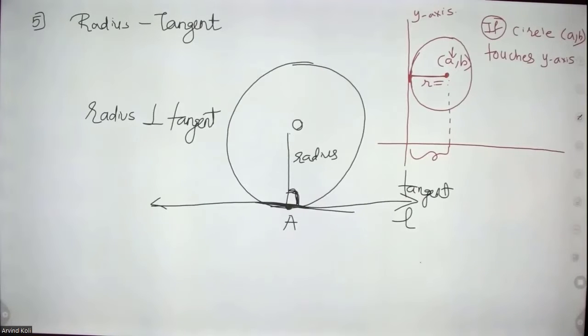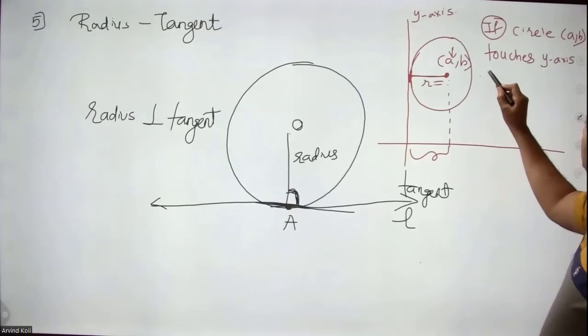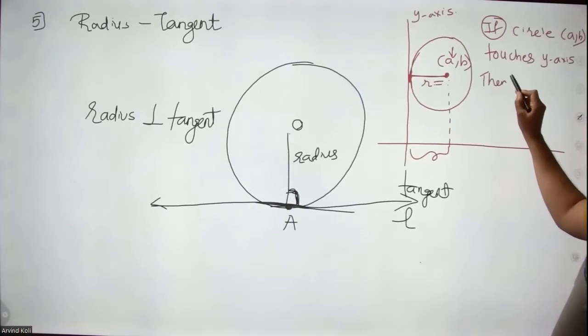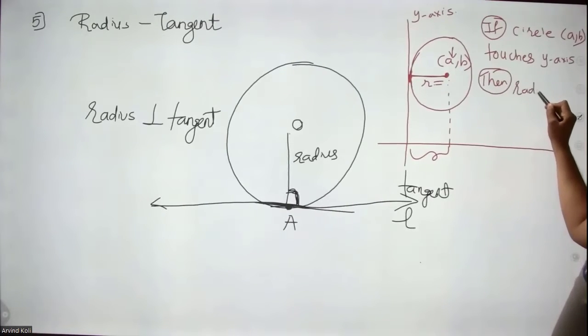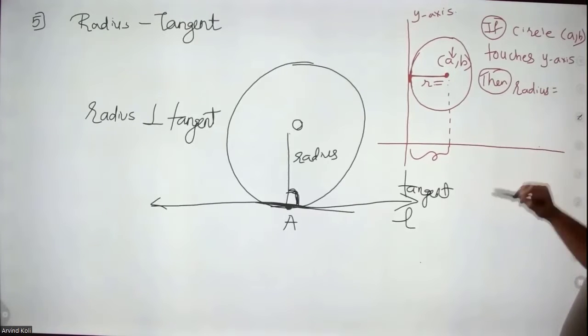Touches y-axis, then radius is equal to x coordinate.